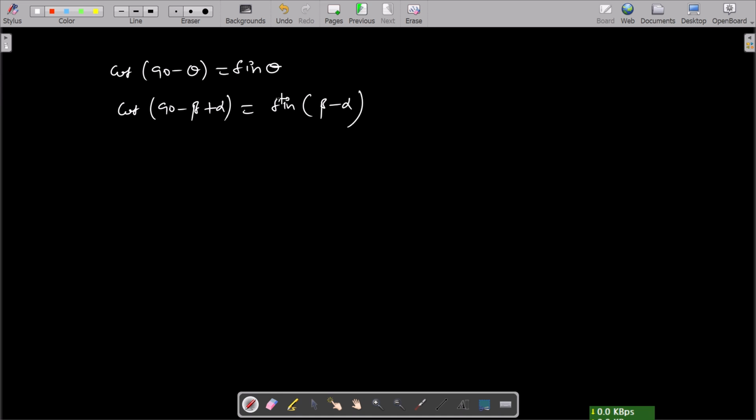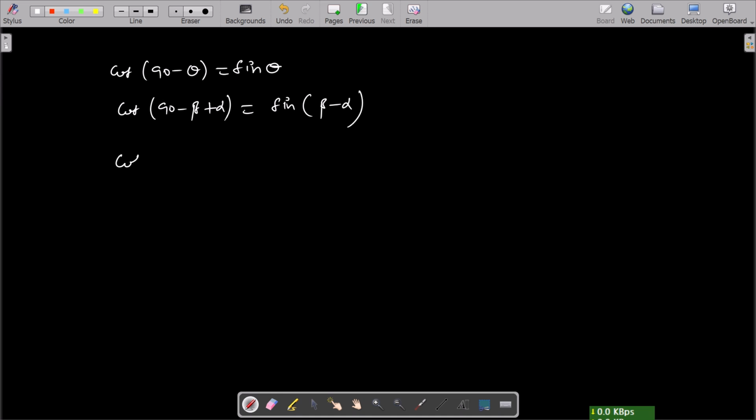Now we will use the formula cos of 90 minus theta as sin theta. Then you can write cos of 90 minus beta plus alpha as sin of beta minus alpha.